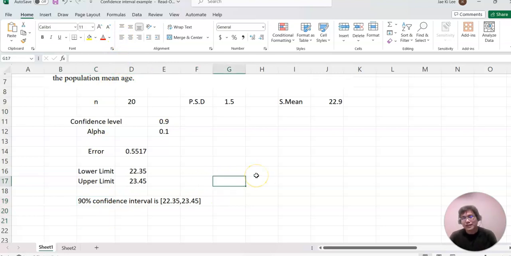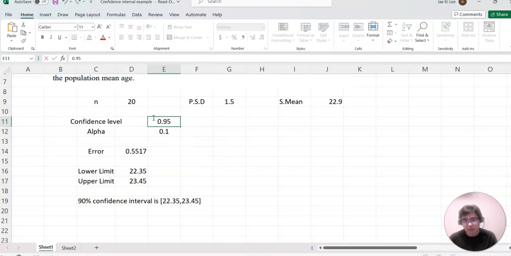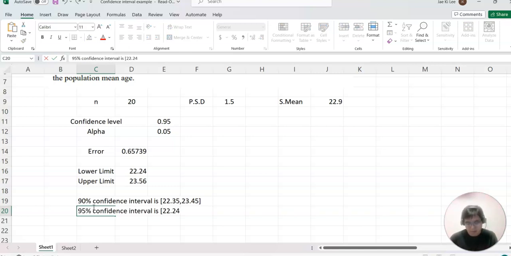Then what about 95%? Instead of doing everything again, you can only change the confidence level, which is 0.95, and then it adjusts everything here. So now we can say the 95% confidence interval is 22.24 and 23.56.